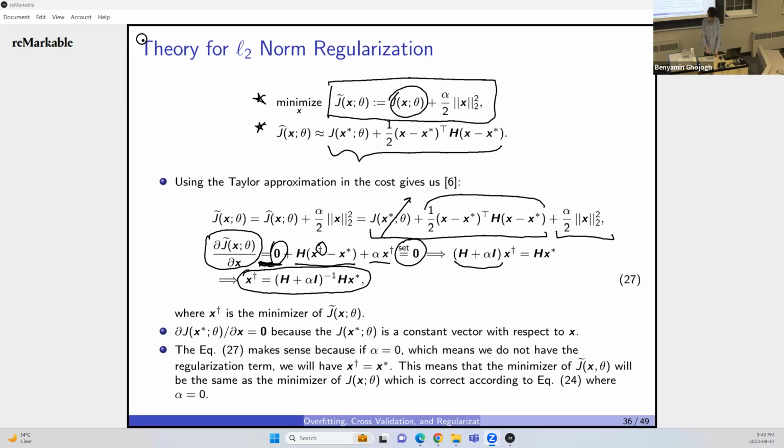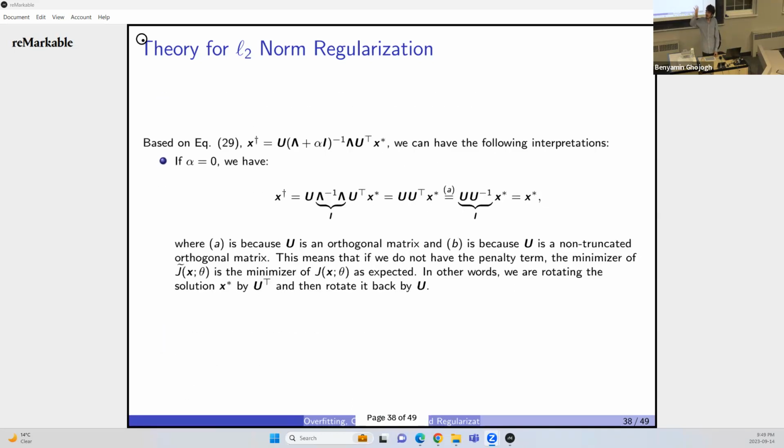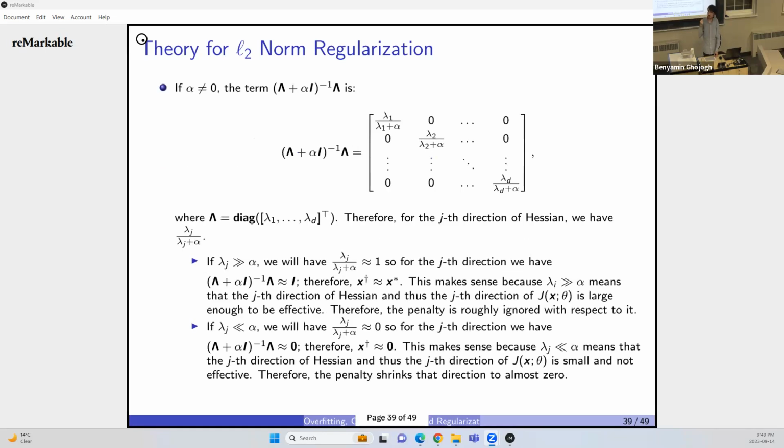Just to let you know what we're going to do. We will solve this. We'll go further and further. And we will see what impact this regularization term has. How it shrinks some directions of the solutions and does not impact other directions. This is one case.